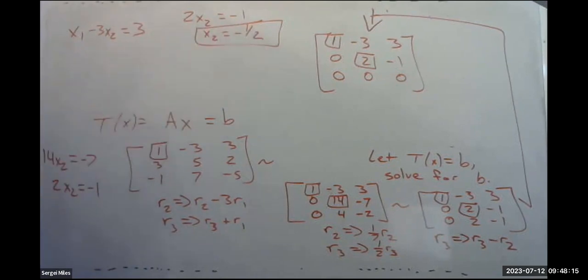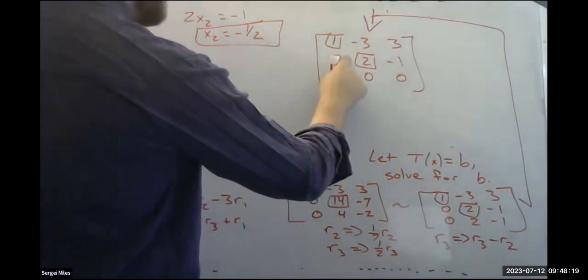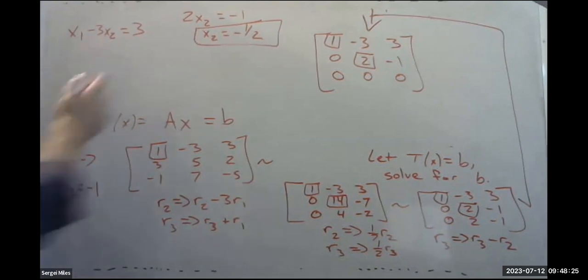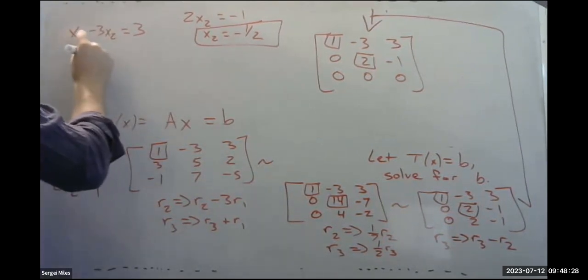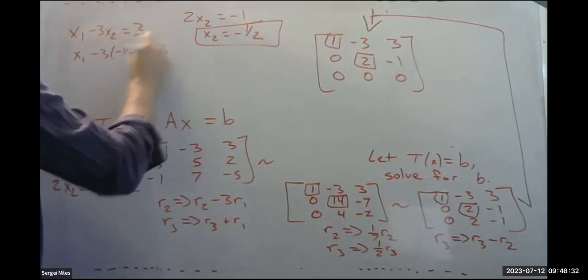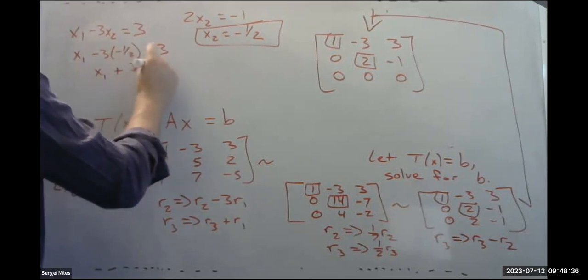Well, plug in now what I know for x2. This is why you start from the bottom of your matrix when you're trying to solve for your entries. Don't start at the top. Start from the bottom and work your way up. x1 minus 3 times -1/2 equals 3. So I have x1 plus 3/2 equals 3.